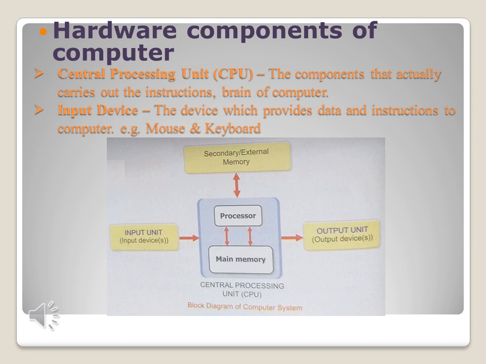The area within the computer where computer temporarily holds the data, instruction and intermediate result is known as the memory. In the memory, the data will be stored temporarily. All the intermediate results of any instructions of any operations are also stored in a memory.